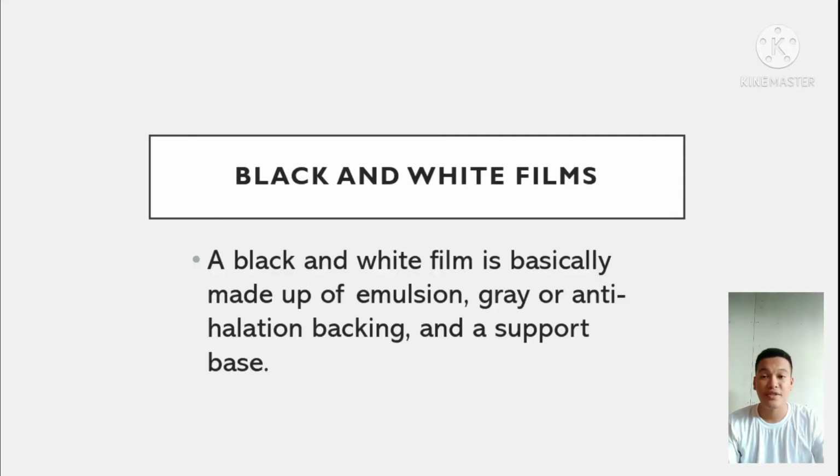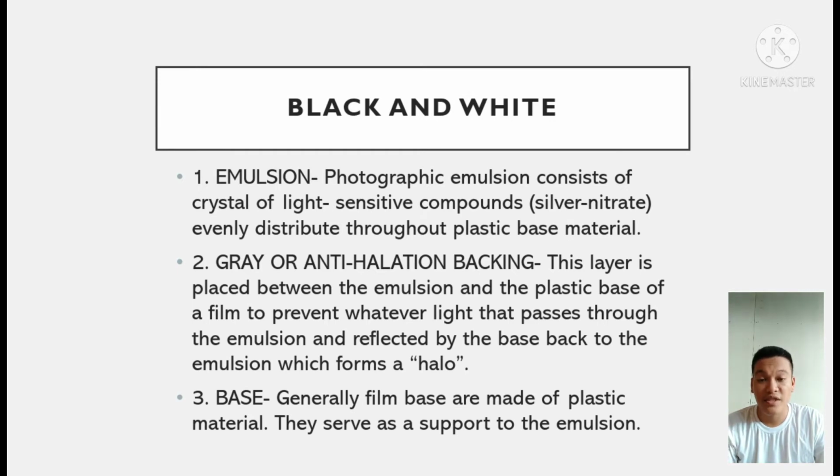So let's proceed to black and white films. What is black and white film? A black and white film is basically made up of emulsion, an anti-halation backing, and a support base. Black and white film contains emulsions that when processed change color into various shades of gray.